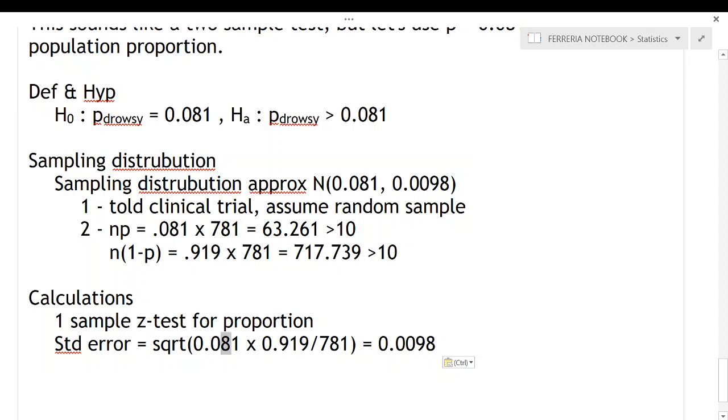Oh, if this is standard error, that should be 0.09 then, right? 0.91. Okay, so here's our standard error. That's still not right.